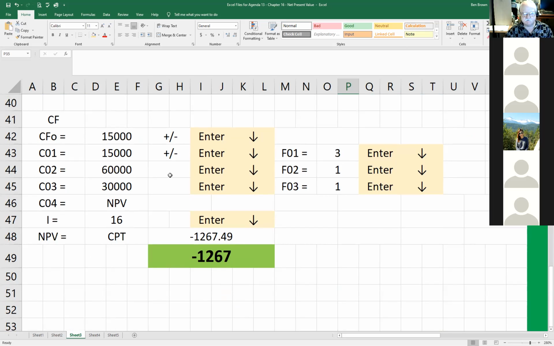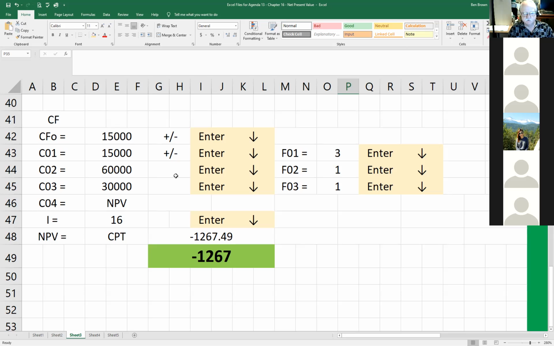Now the next cash flow is the 60,000, and this is positive, makes sense. Enter, down, and the frequency of this is 1 because it only happens 1 time. So 1, enter, down. The next cash flow is the 30,000.